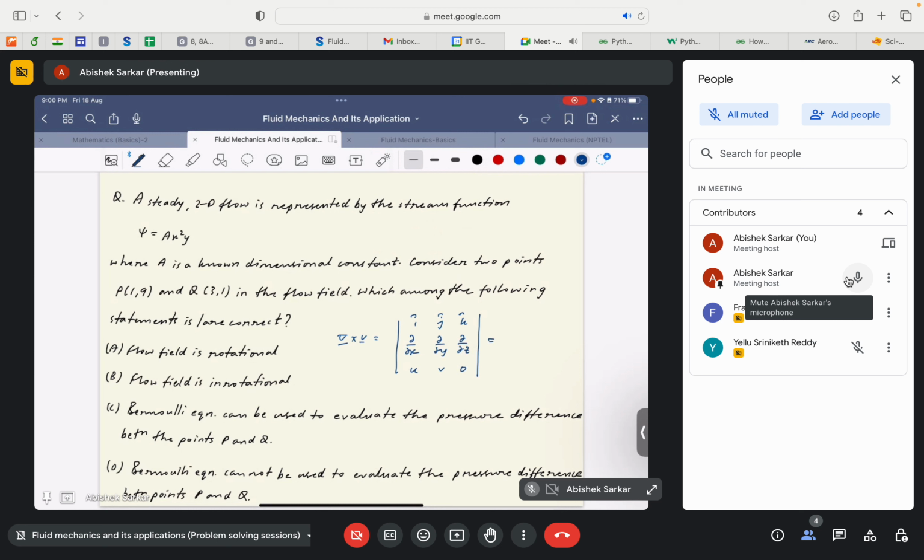Did you find it, any one of you? Velocity components, then the curl of the velocity field, whether it is rotational or not.